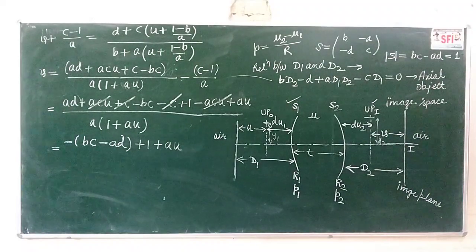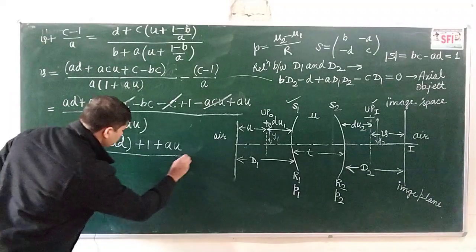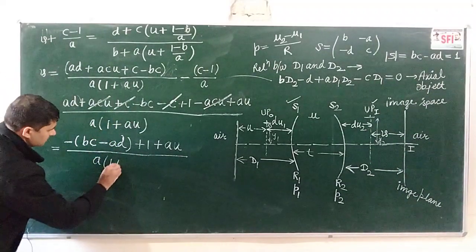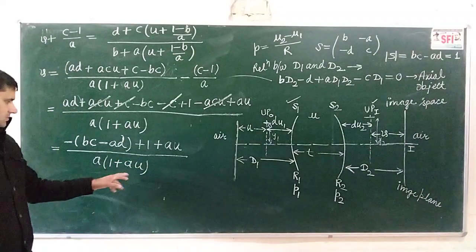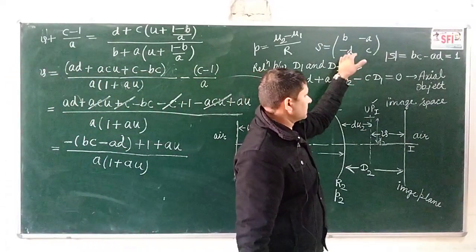So here we will make use of determinant of matrix now. Write the denominator. It is A into A plus A1 plus AU, and this is our system matrix.